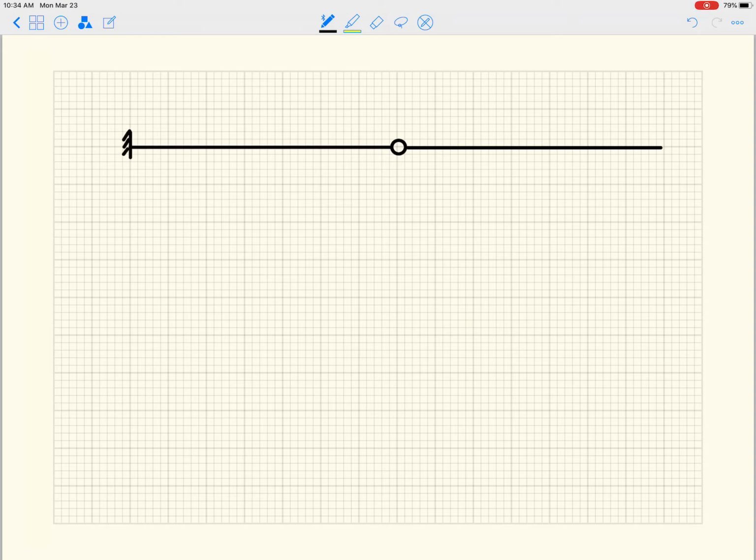And this guy is a fixed support, and this guy is a roller support. And this guy here is our distributed load.